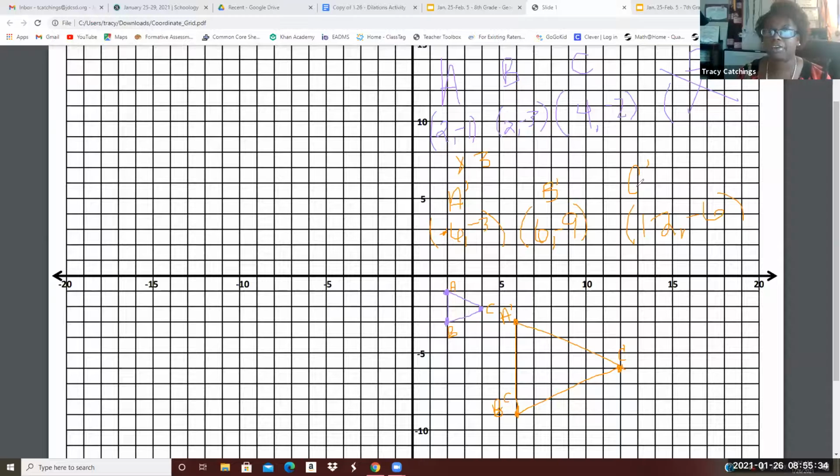All right, so that's our new triangle, and I'm sure they probably told us to connect them to the origin. Yes, ma'am. All right, and through connecting to the origin, what they're trying to show you is that they should be on that same line going to the origin because they are corresponding.